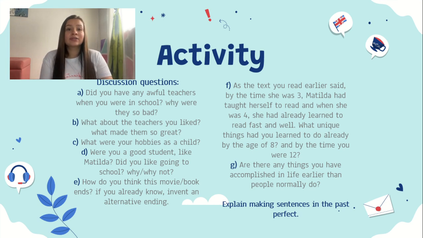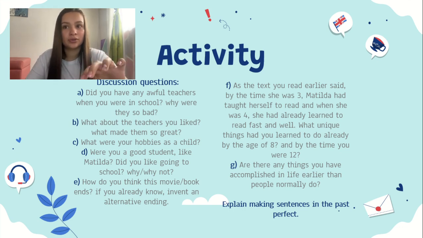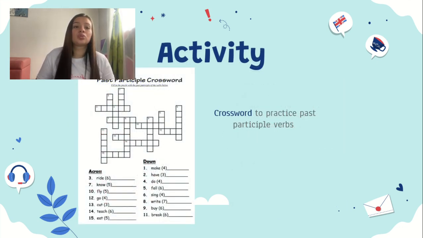Okay, these questions are perfect to talk about and use sentences in the past according to the movie and according to personal information. And the last one, to practice the participle verbs, we are going to do a crossword.